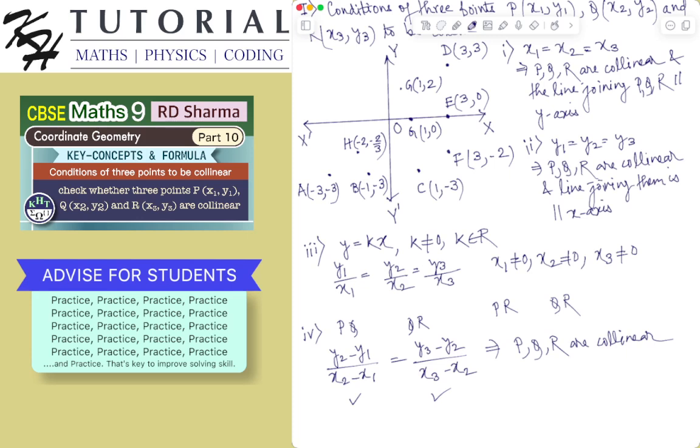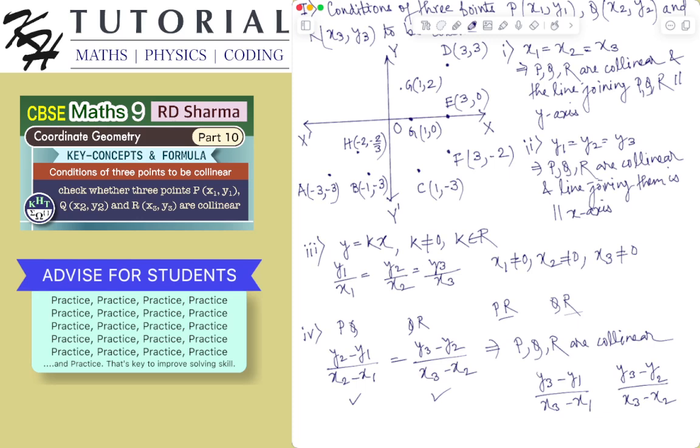So if you consider the points PR and QR, then the ratio for the points PR will be y3 minus y1 divided by x3 minus x1, and the ratio for the points Q and R will be y3 minus y2 divided by x3 minus x2.